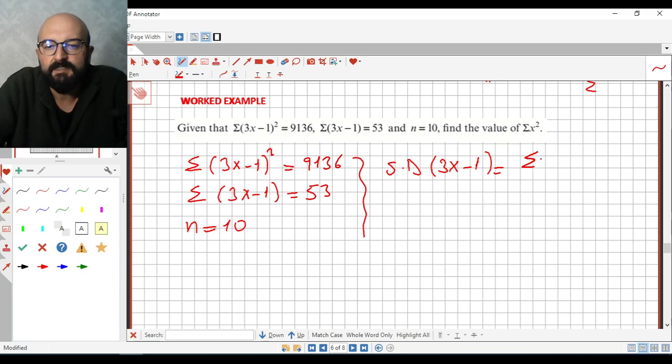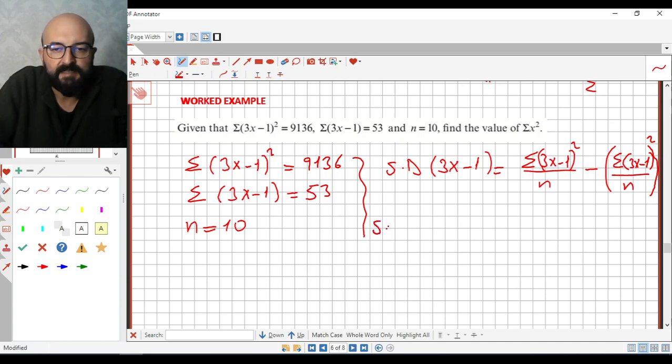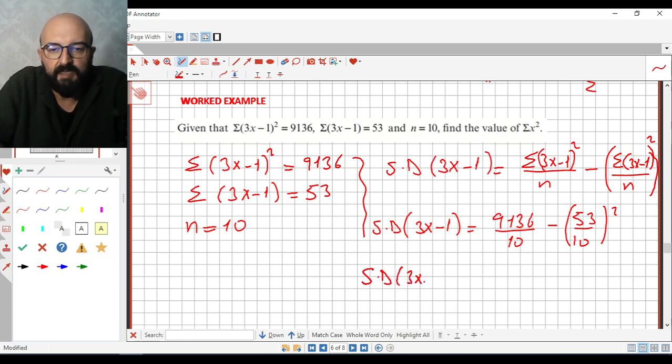It means the sum of (3x minus 1) square over n minus the sum of (3x minus 1) over n, squared. So the standard deviation of 3x minus 1 means 9136 over 10 minus 53 over 10 squared.